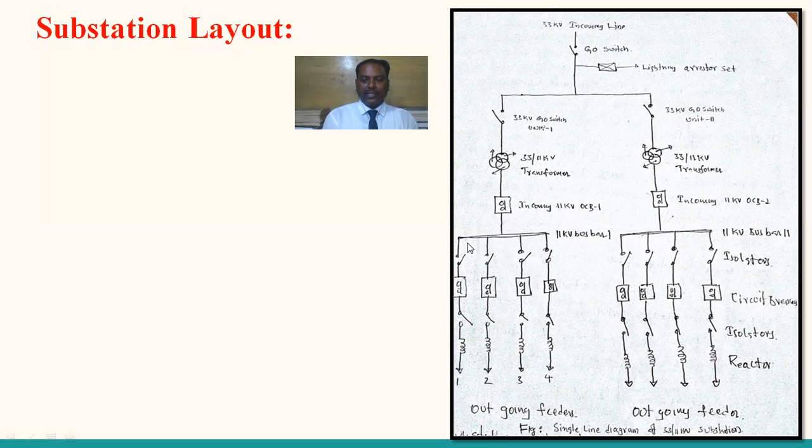Each feeder goes through an isolator, circuit breaker, again isolator, and reactor. A reactor is basically used for current control.